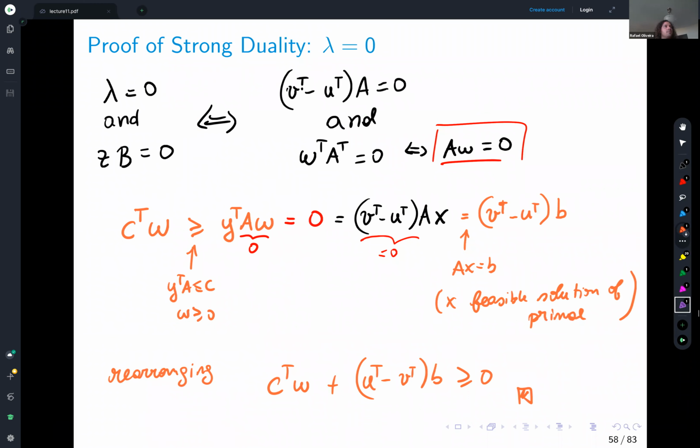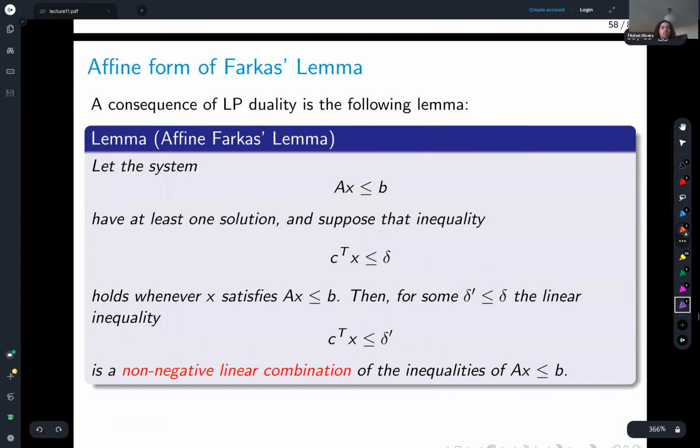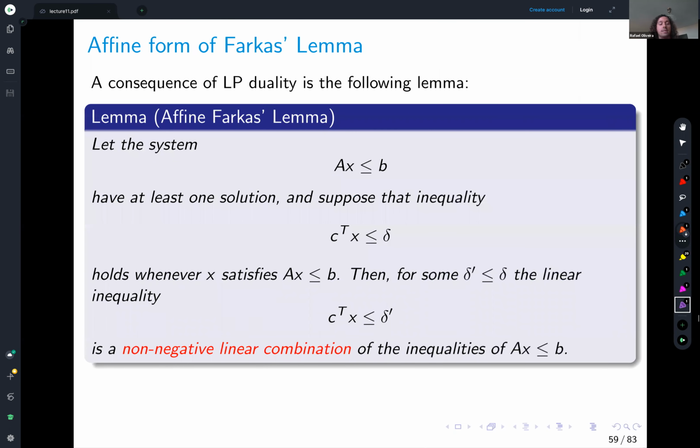So we just used Farkas lemma, which again follows as a consequence of the fundamental theorem of linear inequalities. Okay, great. Now another consequence of LP duality is the following lemma, which is known as the affine Farkas lemma.